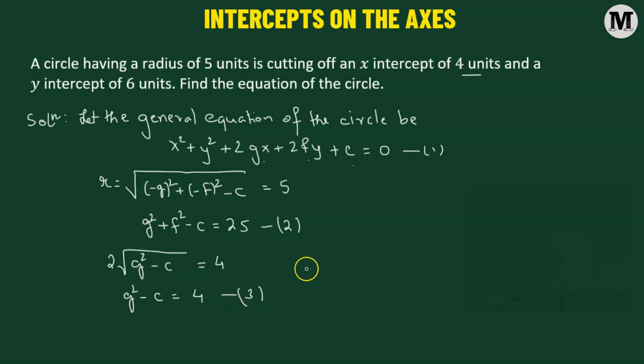Also, it's given that the y-intercept is 6 units, which means that 2 times the square root of f squared minus c, the length of the y-intercept, equals 6. When we square and simplify, we get f squared minus c equals 9. Let this be equation number 4. So using 2, 3 and 4, we will find the values of the constants g, f and c.